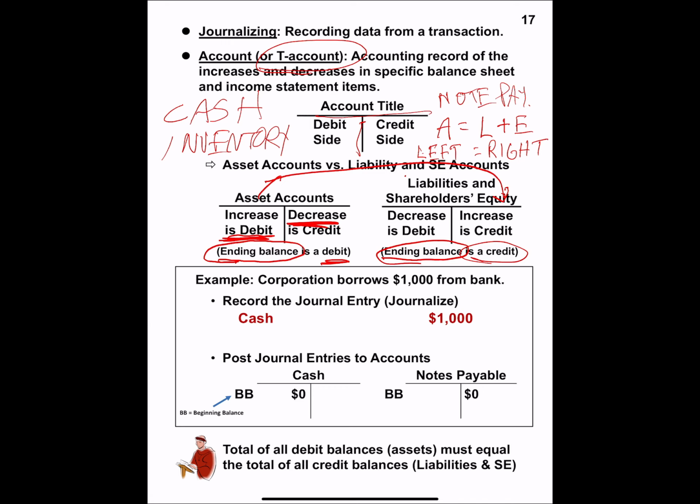So right now we have a debit to cash of 1,000. That means we need to have an offsetting credit entry. In this case, we're borrowing $1,000 from a bank. That creates a liability with the bank. We're going to call this liability a note payable. Okay, so there's the complete journal entry.